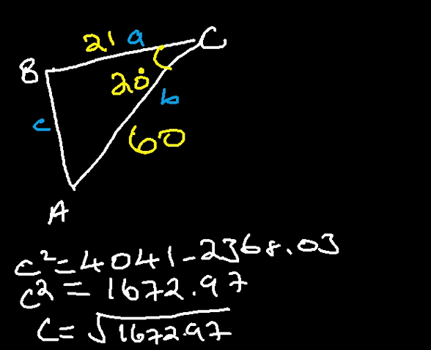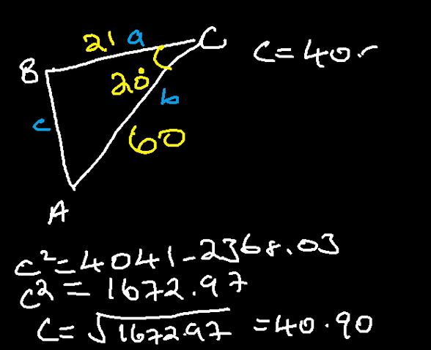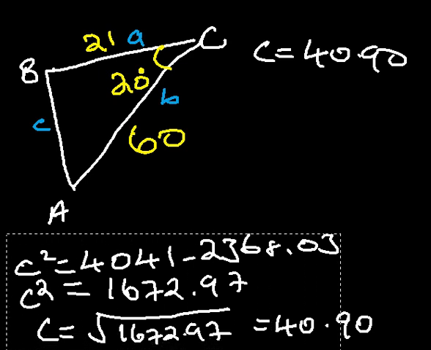Now we have it as 40.90. That is the value of the side C in that case.